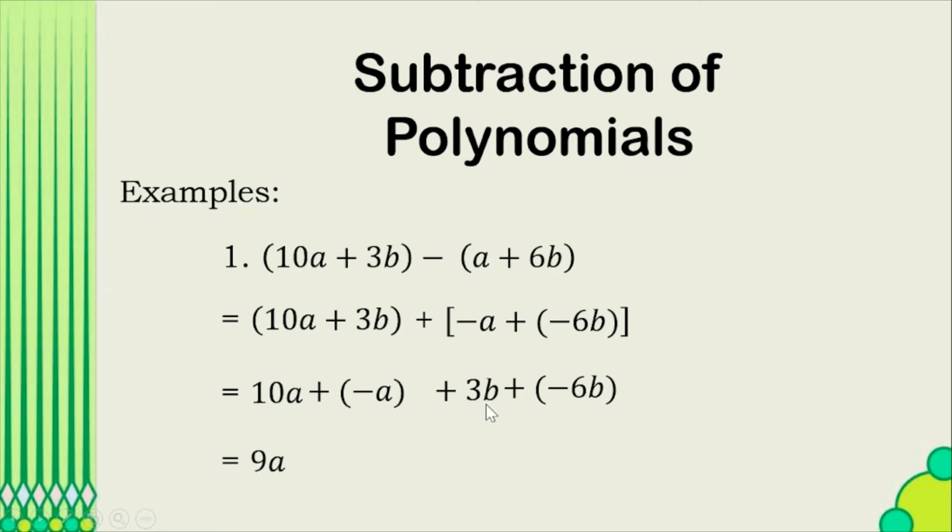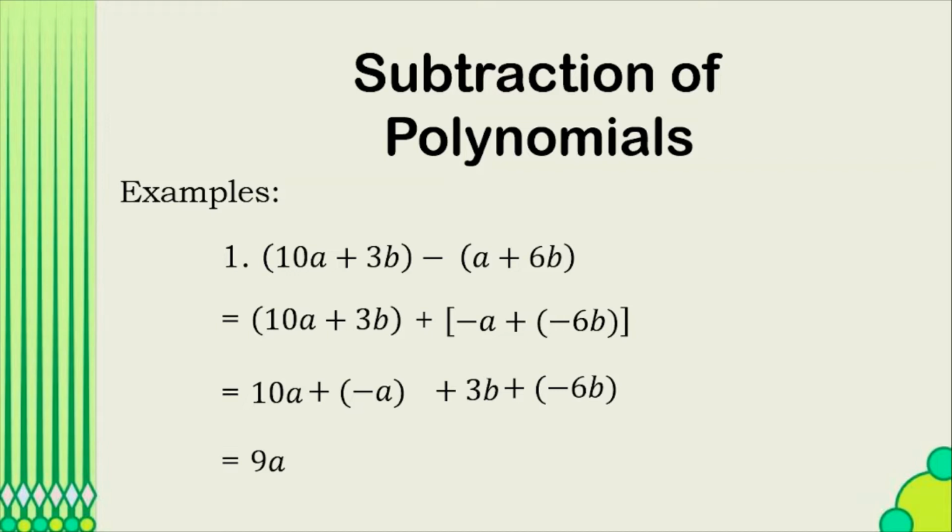Next, we have 3b plus negative 6b. So how to solve that? Look at the numerical coefficients. So we have positive 3 and negative 6. So unlike signs again, so get their absolute values. So we have 3 and positive 6. Now subtract. 6 minus 3 is positive 3.